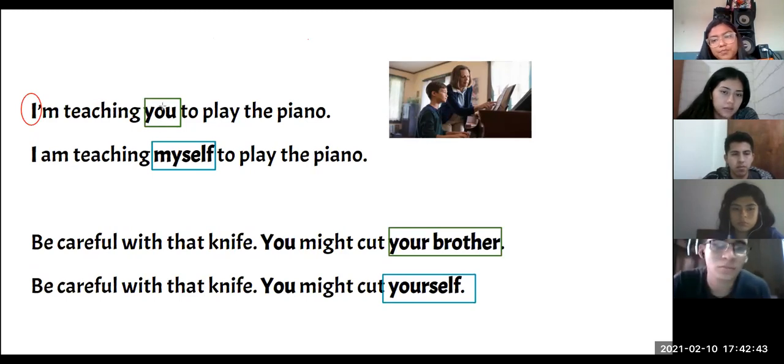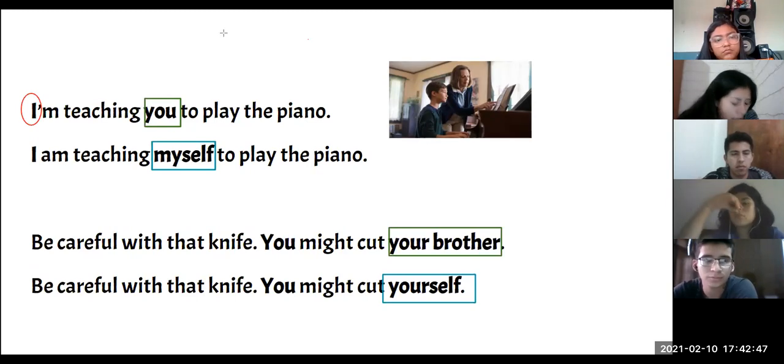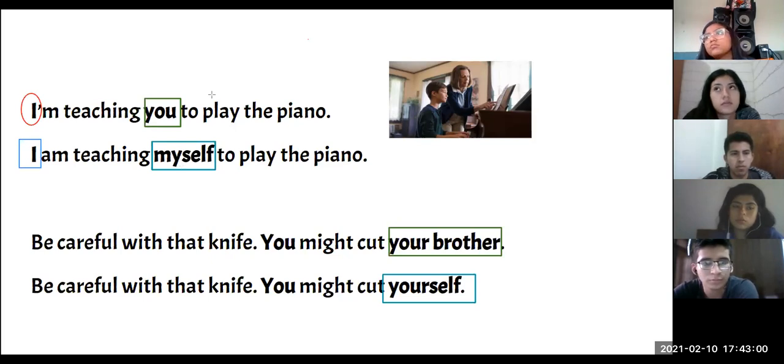And you is the object, is the person who is receiving the action. But if you can see here, in this sentence, we have I as a subject, and this is exactly the same as the object. So the subject and the object are exactly the same person.